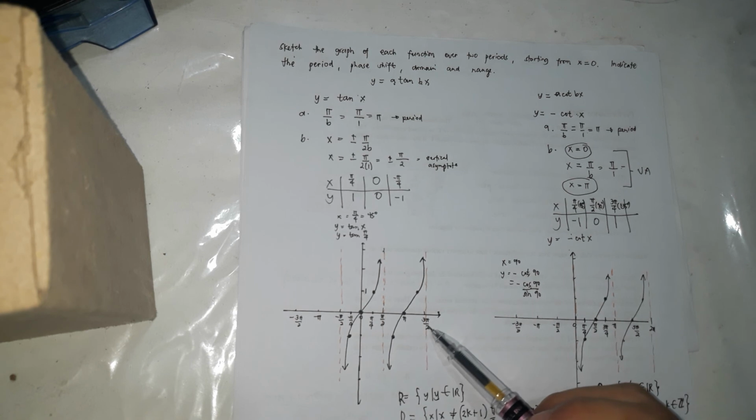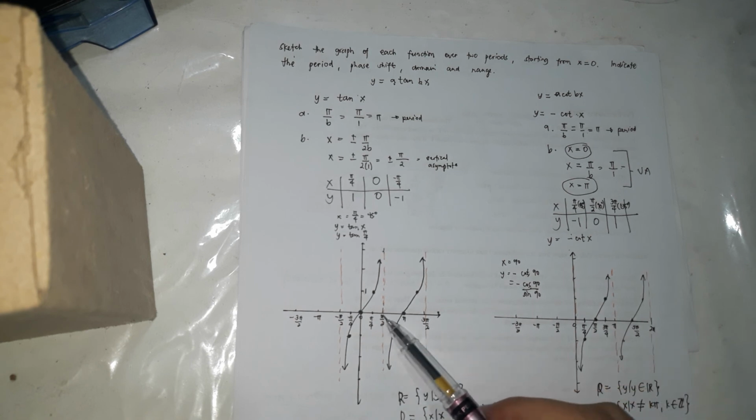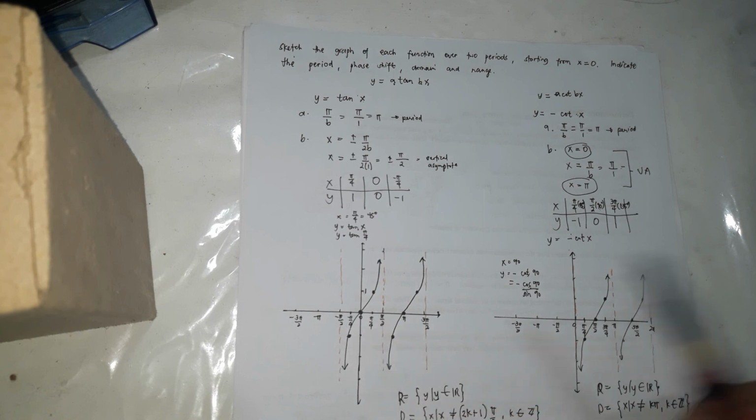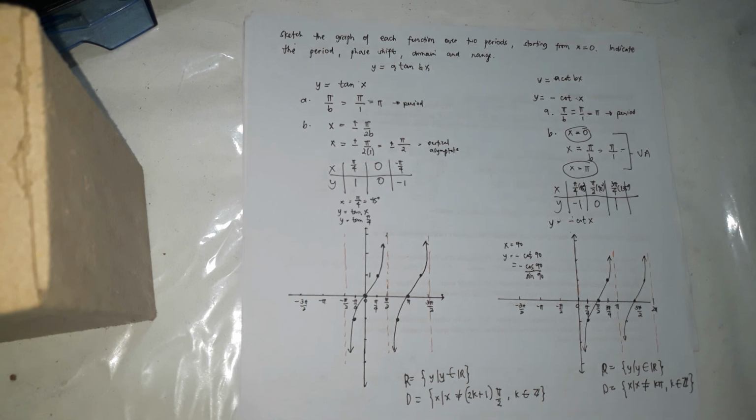As you can see, it has no value at 3 pi over 2, pi over 2, or negative pi over 2. So that's how you're going to graph circular functions involving tangent and cotangent.